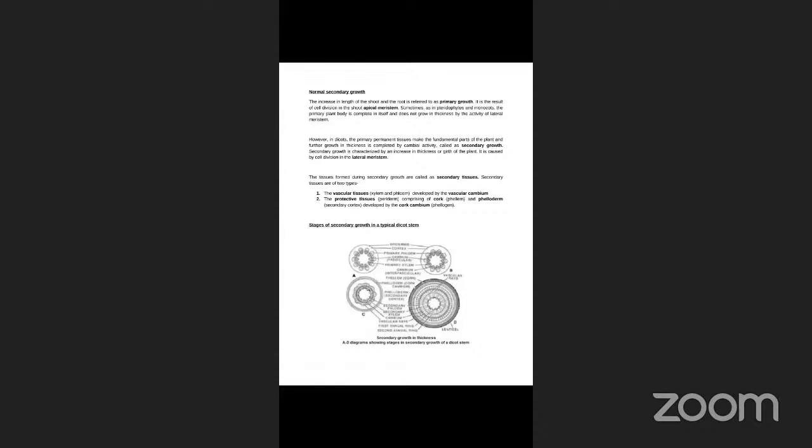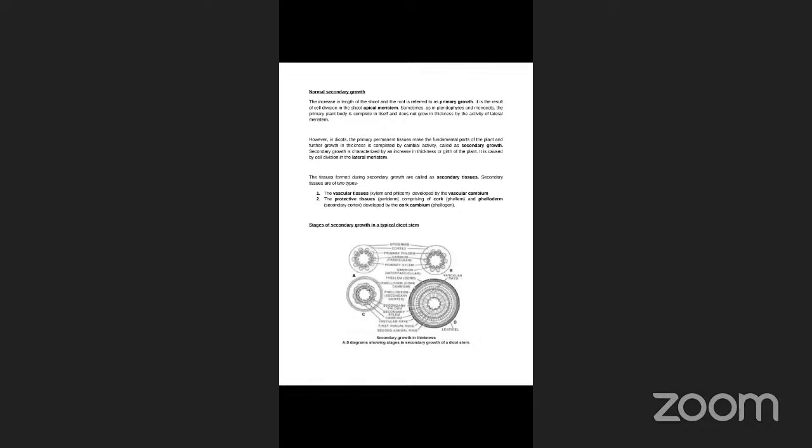The definition: the increase in plant growth due to vascular cambium or cork cambium is called secondary growth.